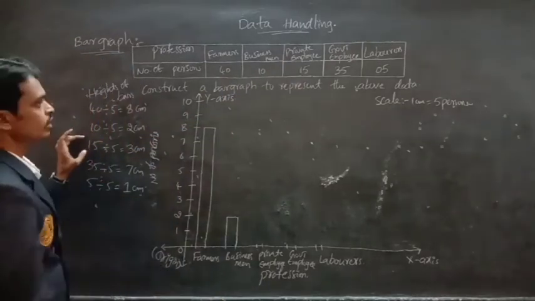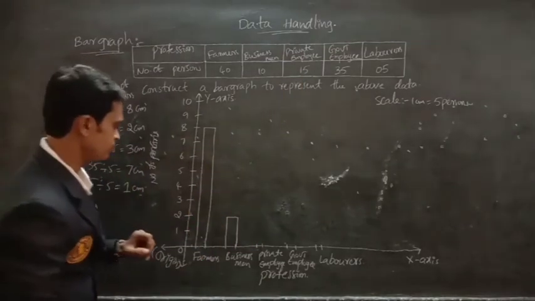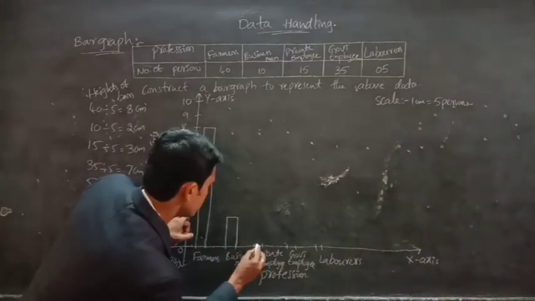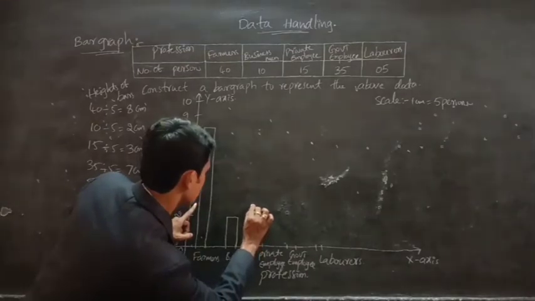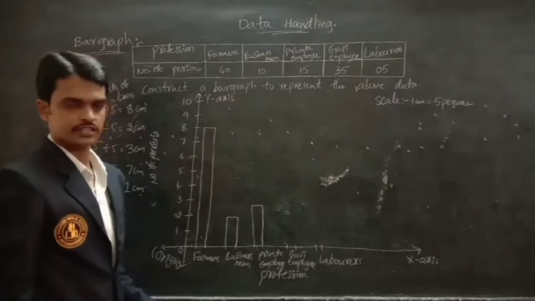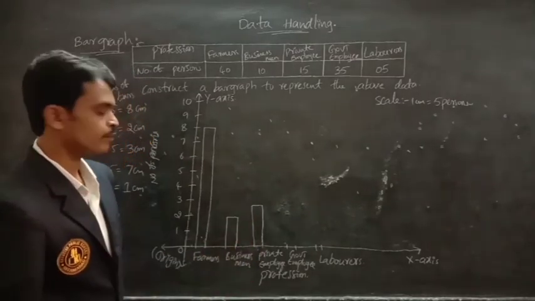Private employees, 15 members. Then it is equal to 3 centimeters. Yes, here 3 centimeters. Like this we should draw the bar by representing the height. So this is the private employees.